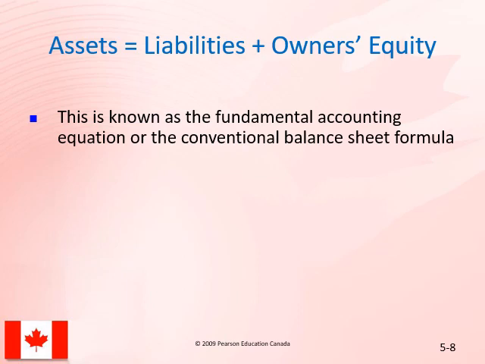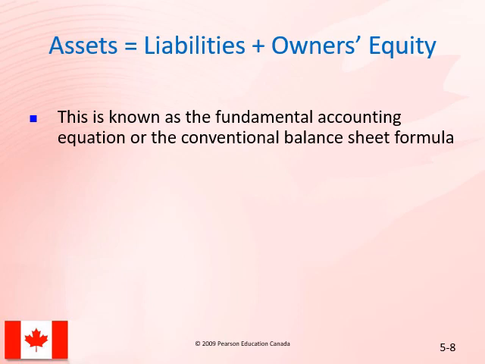Now, it takes value to acquire those assets. So our liabilities are creditors' claims to those assets, and owner's equity is ownership's or the shareholders' claim to those assets. The difference is where the money came from to pay for those assets.